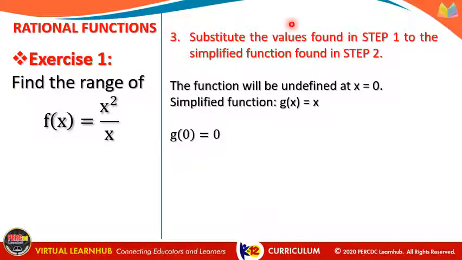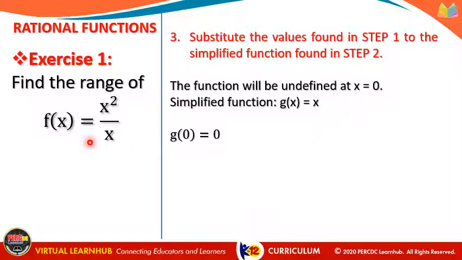Ano ang ibig sabihin ng nakuha natin? Again, hindi pwede na maging 0 yung x. Since hindi pwede na maging 0 yung x, hindi rin pwede na magiging 0 yung g of x. Kasi nga, hindi naman siya dadaan sa x equals 0 eh.